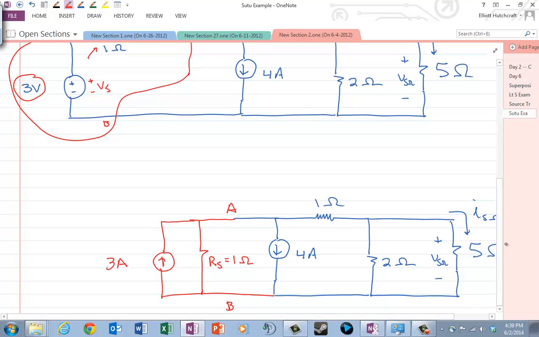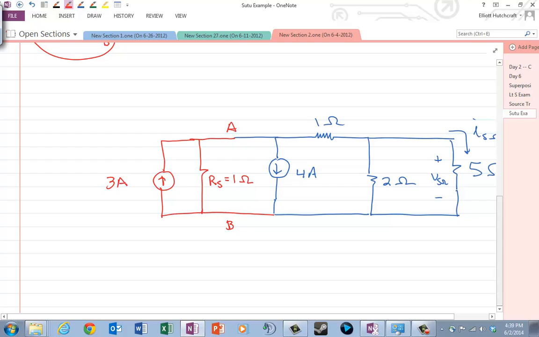Now you can hopefully see what makes source transformation nice.